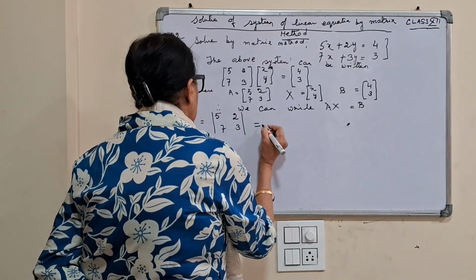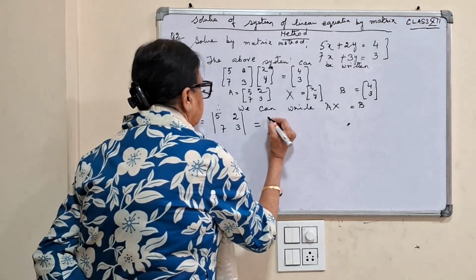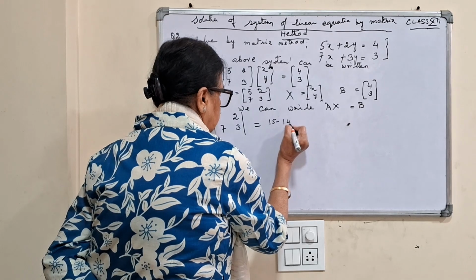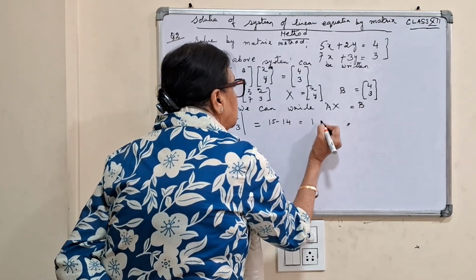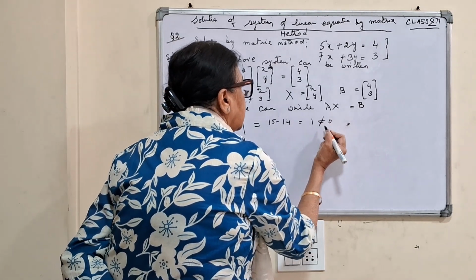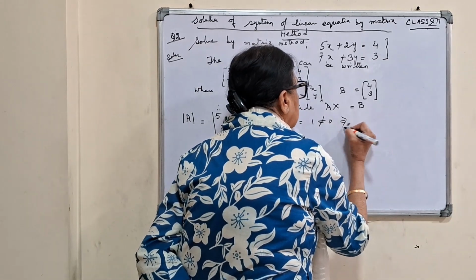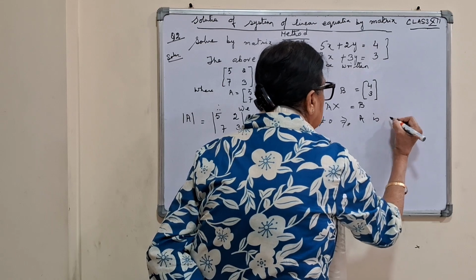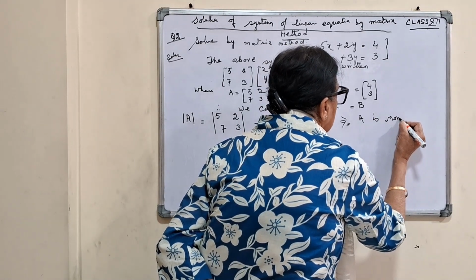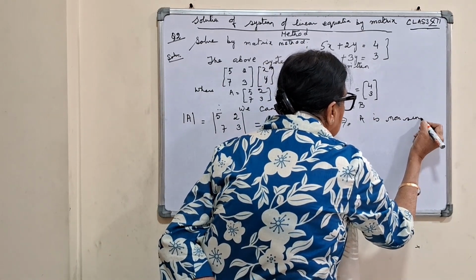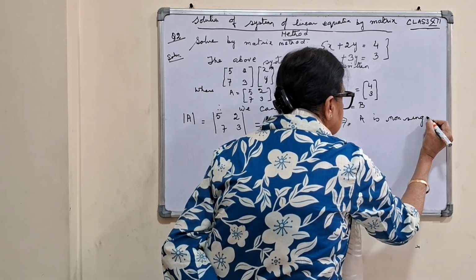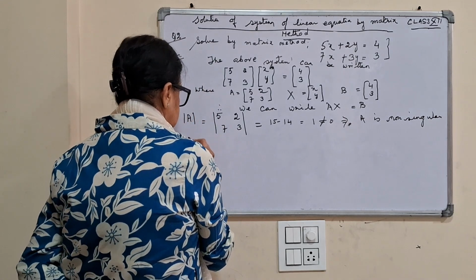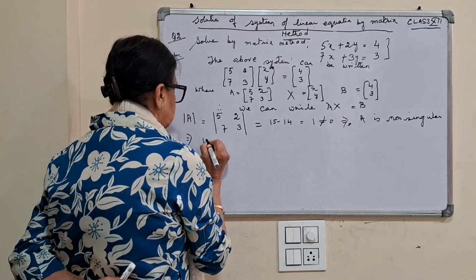That is equal to 5 3s are 15 minus 14, that is equal to 1, not equal to 0. This implies matrix A is non-singular. Non-singular means how many solutions? Implies unique solution.